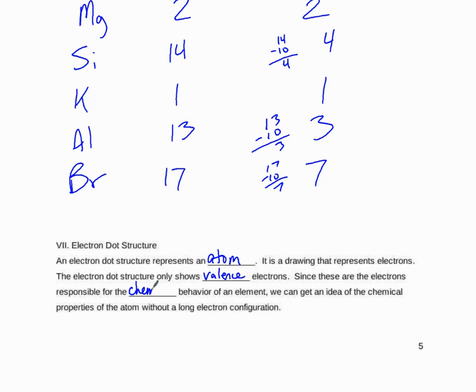So since these ones are responsible for any chemical behaviors, we can get an idea of the chemical properties. How is this atom going to behave? How does it act? Is it reactive or is it not reactive? And we can get an idea of this without doing a longer electron configuration or orbital diagram or anything like that.